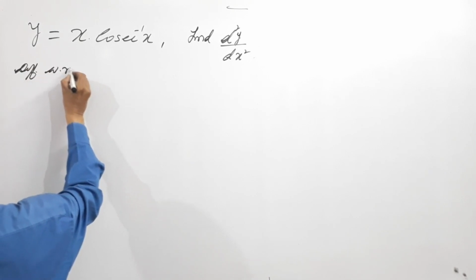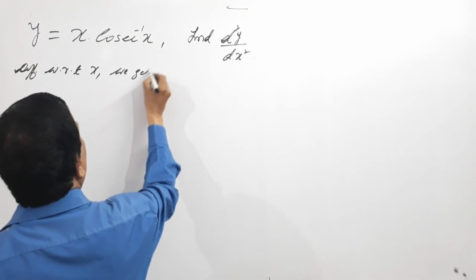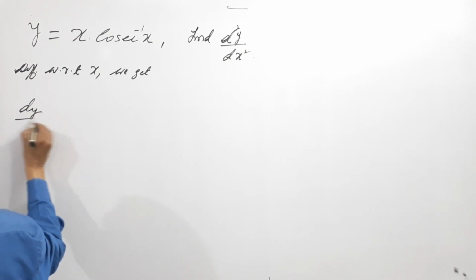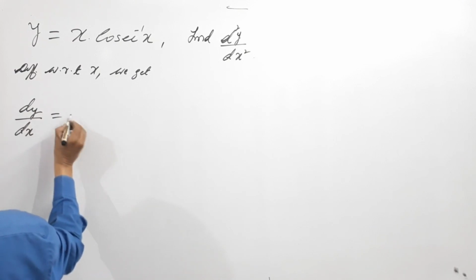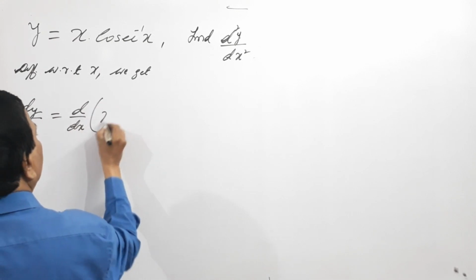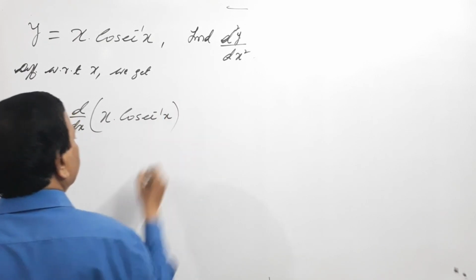differentiating with respect to x, we get what? dy by dx equals d by dx of x into cosecant inverse x.